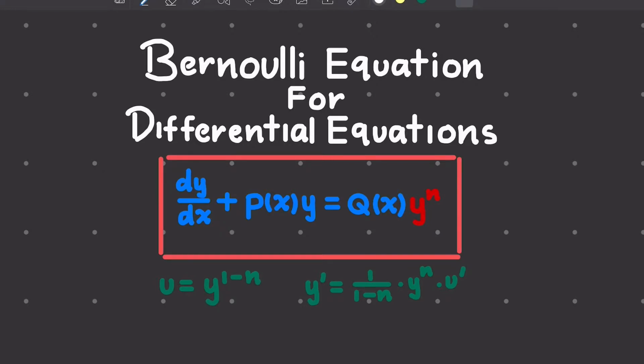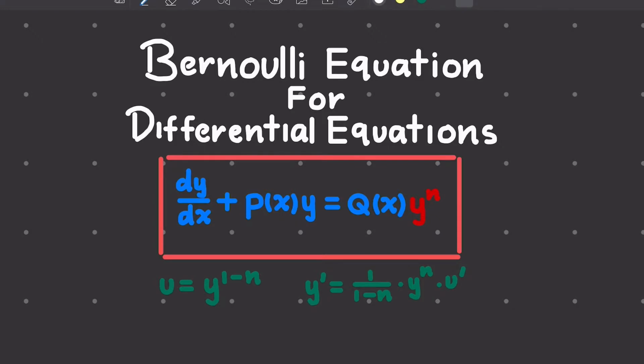You will need a u substitution process, which is similar to the substitution for homogeneous differential equations that we did in the previous video, but the Bernoulli equation requires simpler algebraic manipulation than the homogeneous substitution.